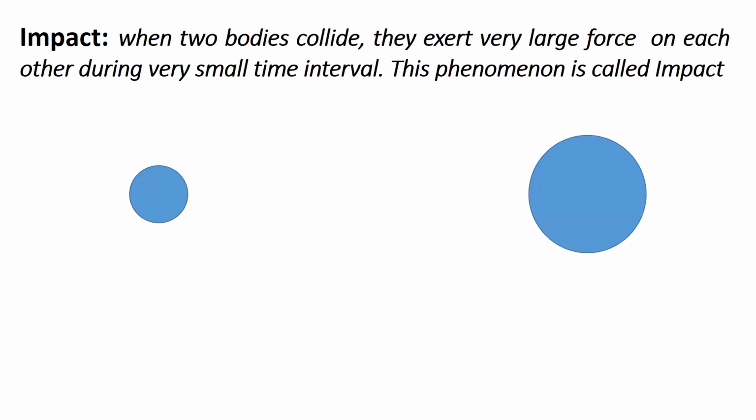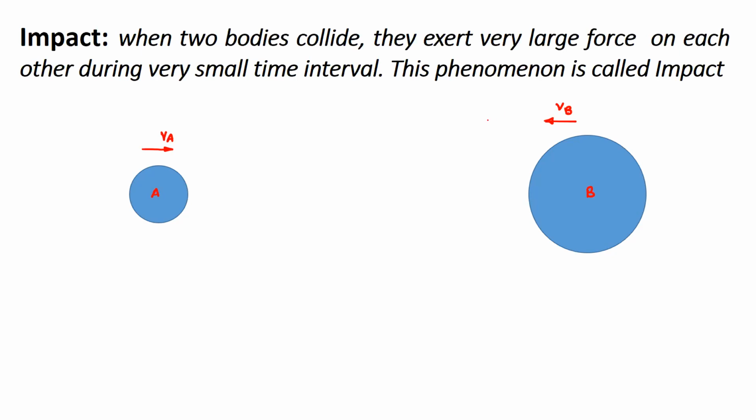Impact means when two bodies collide, they exert a very large amount of force on each other during a very small interval of time. This phenomenon is called impact. So here you can see two objects approaching each other. The object A has velocity VA towards the right, and the object B has velocity VB towards the left.